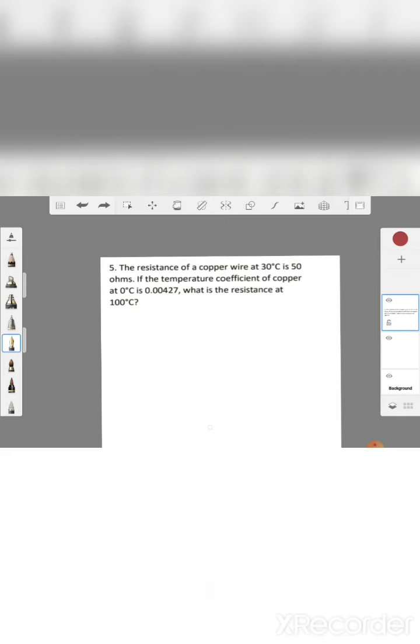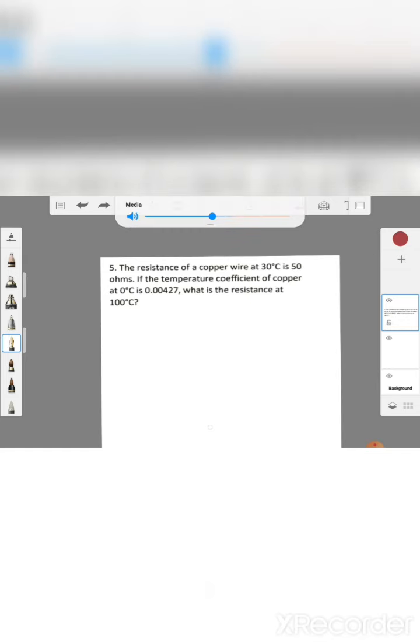So next is, the resistance of a copper wire at 30 degrees Celsius is 50 ohms. If the temperature coefficient of copper at 0 degrees Celsius is 0.00427, what is the resistance at 100 degrees Celsius? So take note that we can solve your A0 in your A30 into different situation.